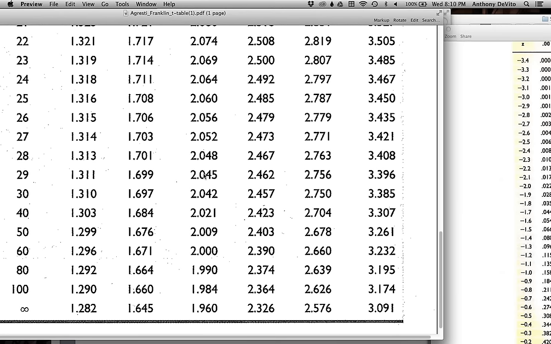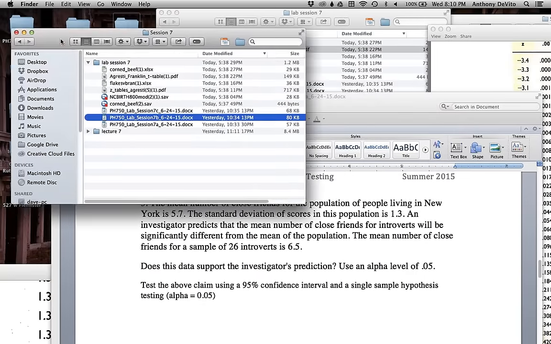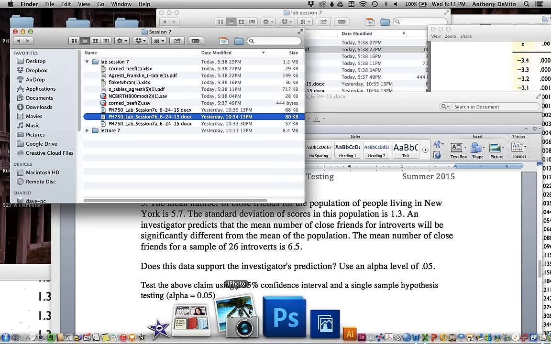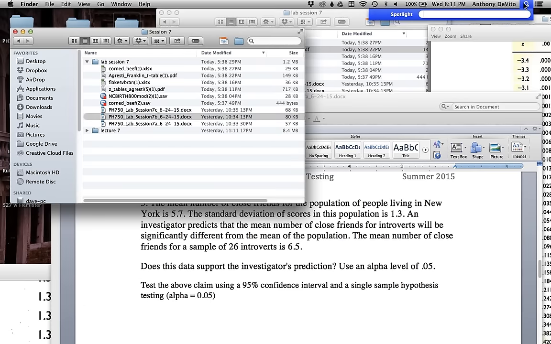So in our case, what did I say it was? 2.06? In our case, when I calculate the confidence interval, if I don't know the population standard deviation, I use the sample standard deviation.